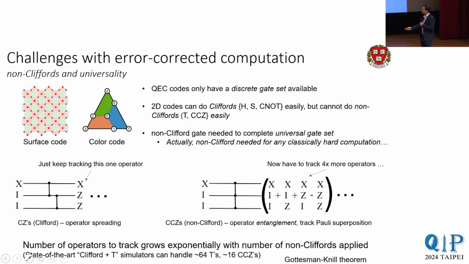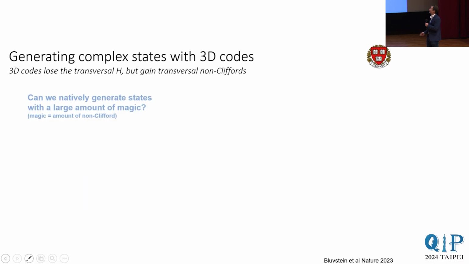And state-of-the-art Clifford plus T simulators, to the best of my knowledge, and I would be very interested in being corrected if I'm wrong, can handle roughly 64 T gates or 16 CCZs. So leveraging the low magic, or low non-Cliffordness, of the system stops working well at this scale.